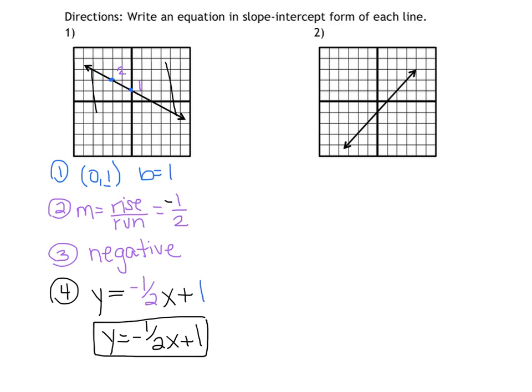Let's do number 2 together. Our first step is to identify our b, and that's where it hits the y-axis. Our b is right there, and that coordinate is (0, negative 1). Therefore, b is equal to negative 1. Step 2 is you want to find your m using your rise over your run.